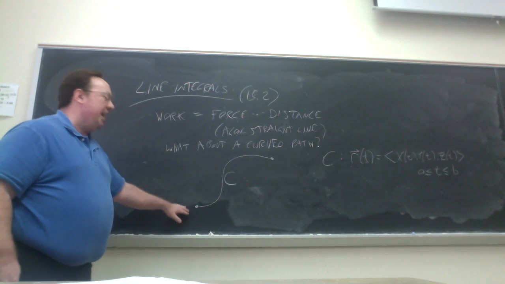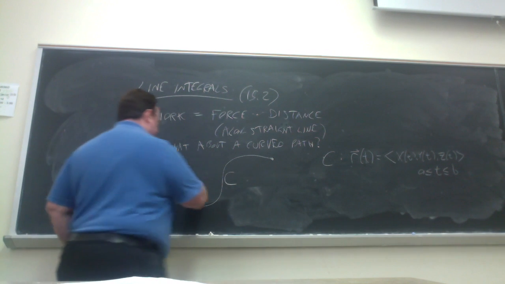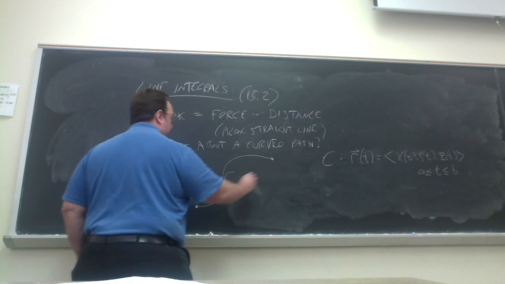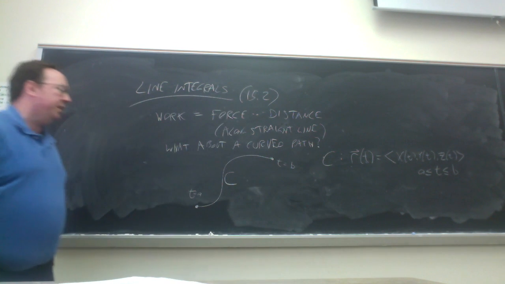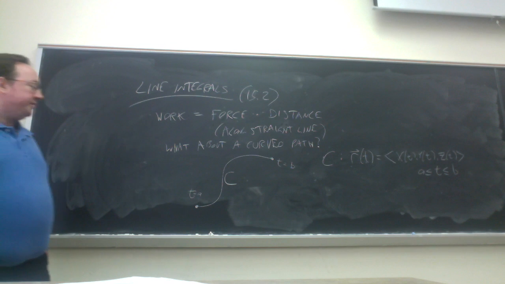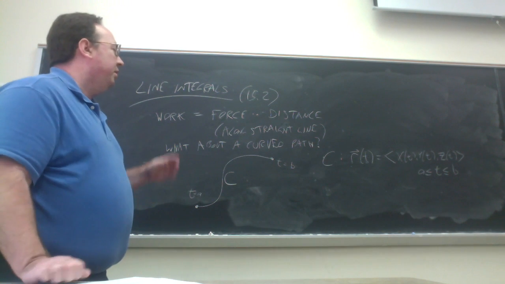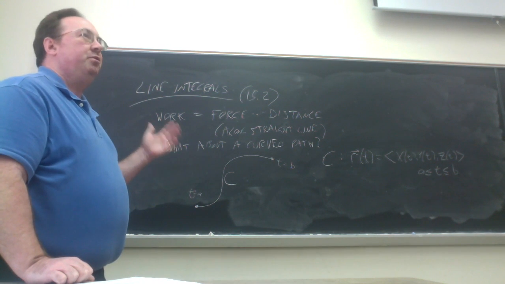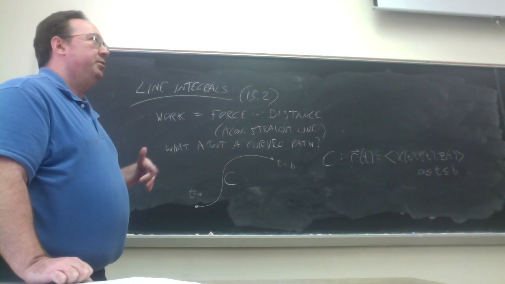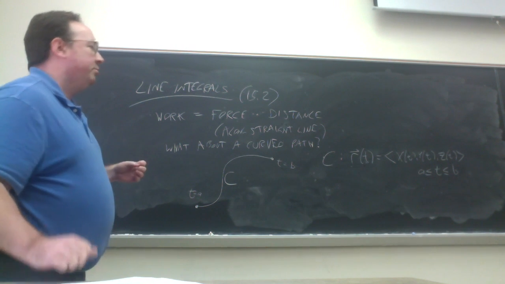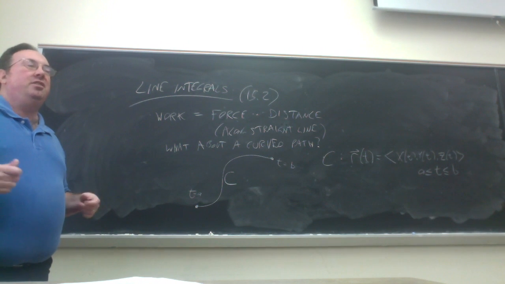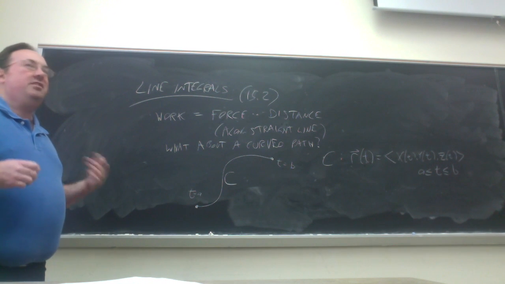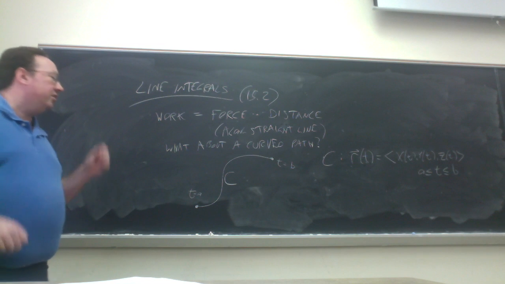So we literally have point A and point B. The initial point corresponds to t equals a, and the end point corresponds to t equals b. Most of the time, we'll describe curves in this way. Sometimes we might be able to do it a little more simply. For instance, if we're in a plane, we might be able to describe a curve y as a function of x. So you can think of x and t being the same thing in that case.